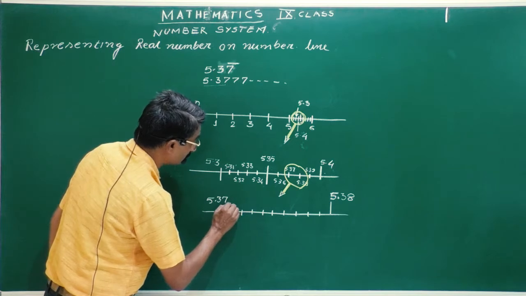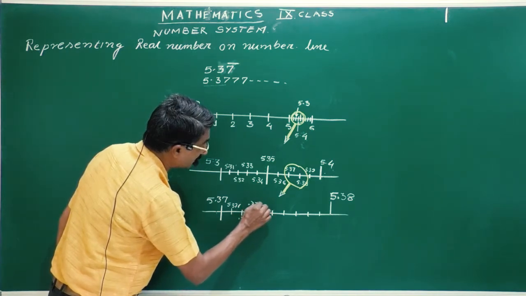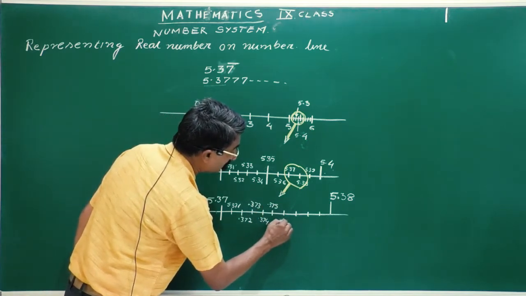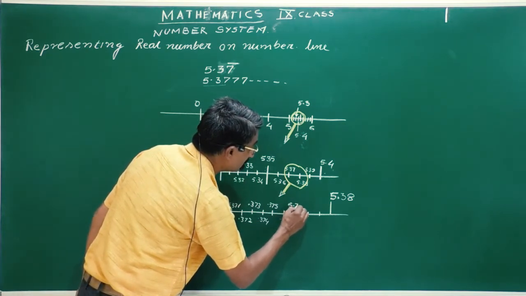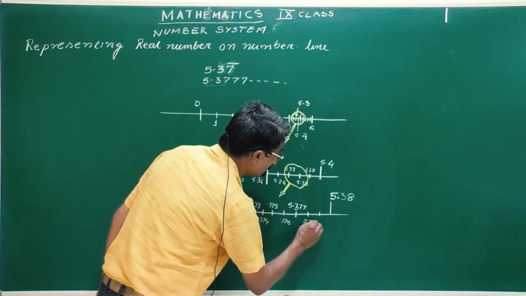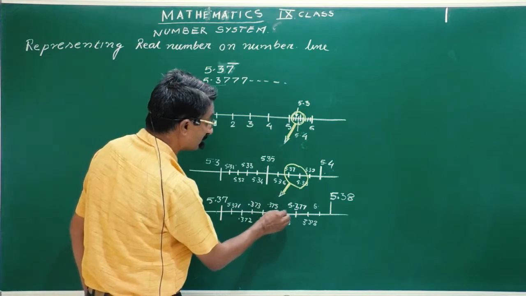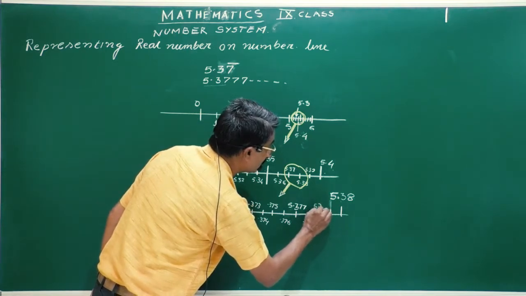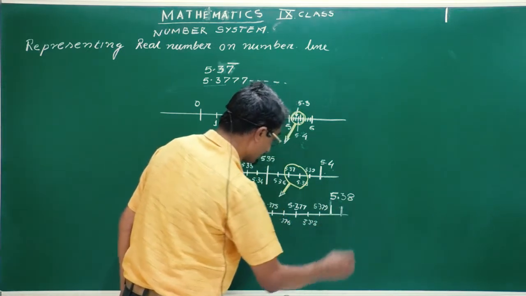This is 5.371, 5.372, 5.373, 5.374, 5.375, 5.376 and 5.377, 5.378, 5.379 and 5.38. Correct.